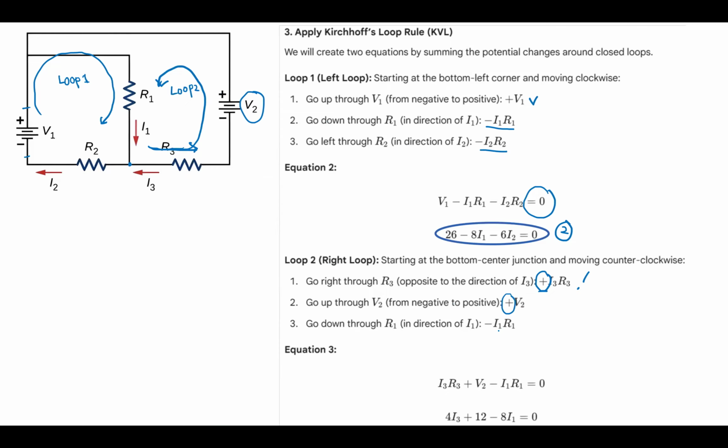And then it's going here with the same direction as I1, so that the voltage drop is minus. And this sign is absolutely important. And then we end up with equation 3.